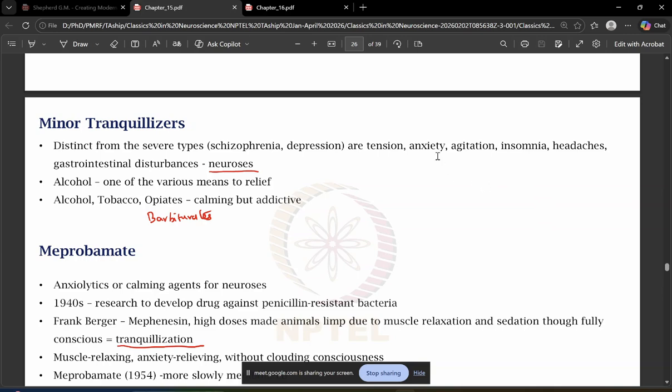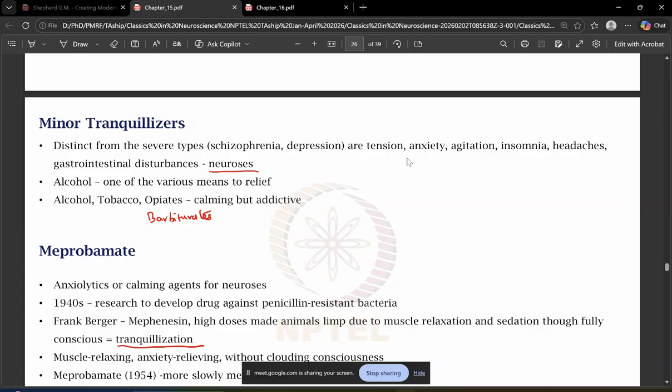But there are also other disorders, for example tension and anxiety and headaches and agitation and insomnia. These were considered to be distinct from the psychosis.